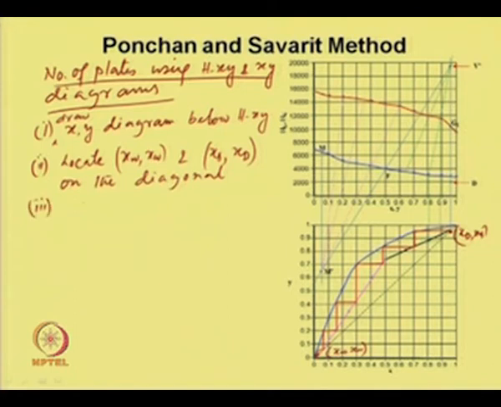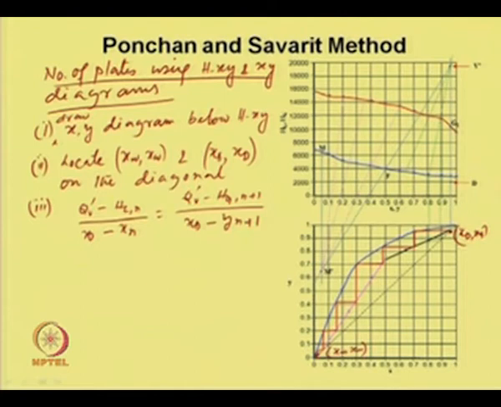Then, as we know from the earlier derivations, (QV dash minus HLn) divided by (XD minus xn) is equal to (QV dash minus HG n plus 1) divided by (XD minus yn plus 1).